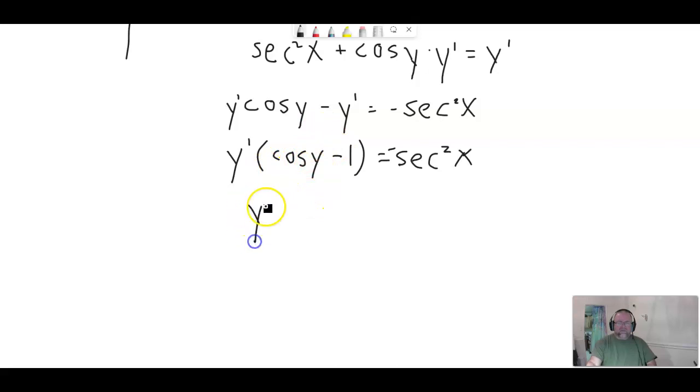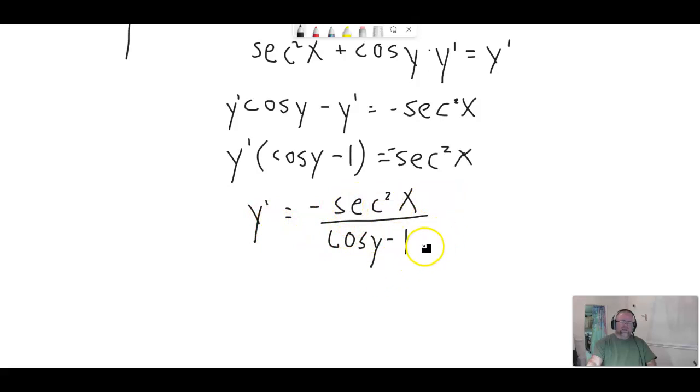So I'm going to get y prime is equal to negative secant squared of x all over cosine of y minus 1. And this would be the final answer. And this is y prime, or it can be written as dy over dx is equal to the negative secant squared of x over cosine of y minus 1.